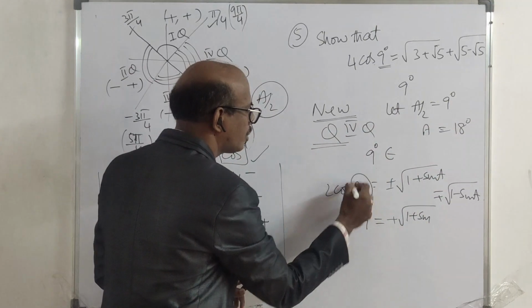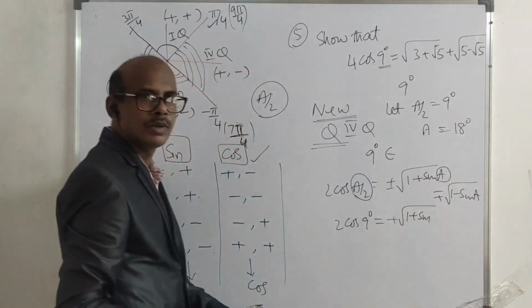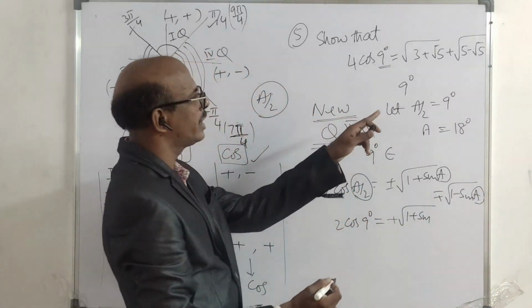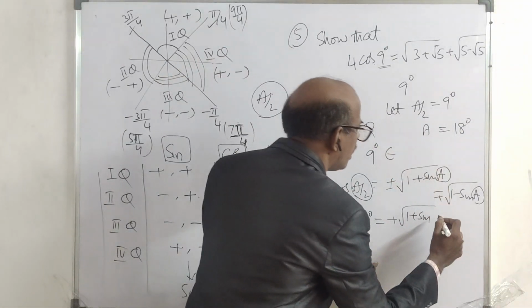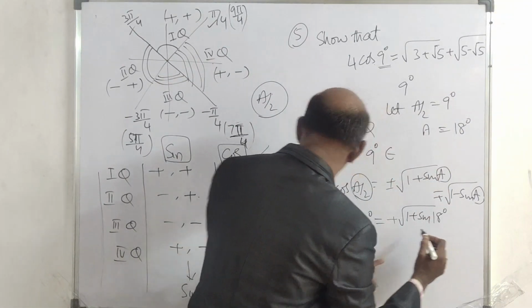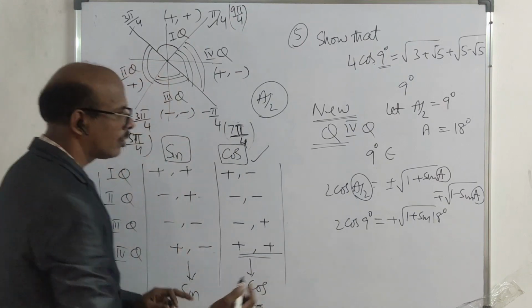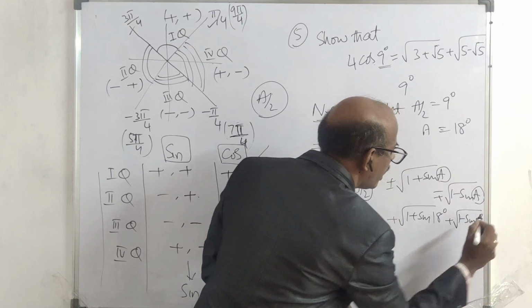Here a by 2 is there, here a is there, double. A by 2 is 9, a is 18, so you have to put that. And both are plus symbols, it is in the fourth quadrant. I think you understood. So it will be plus 1 minus sin 18.